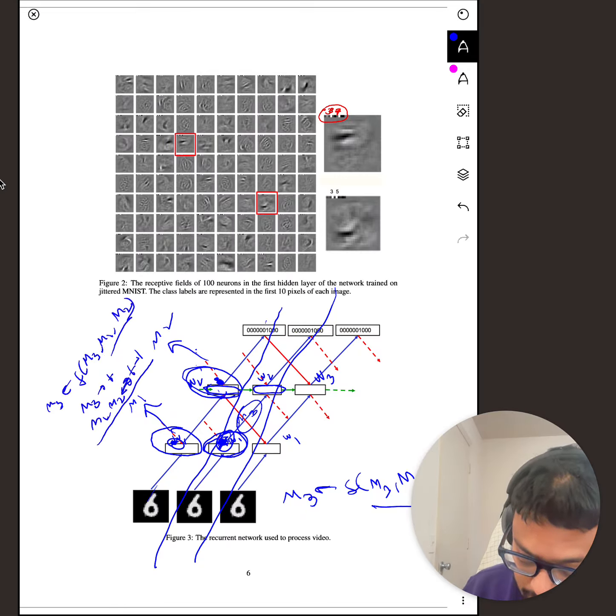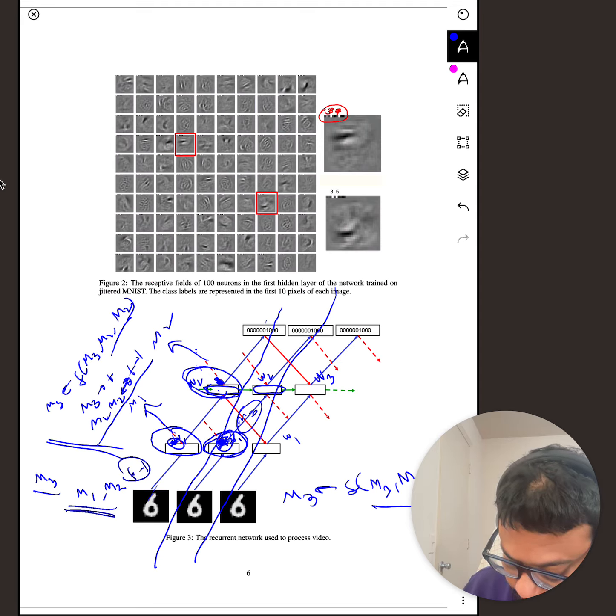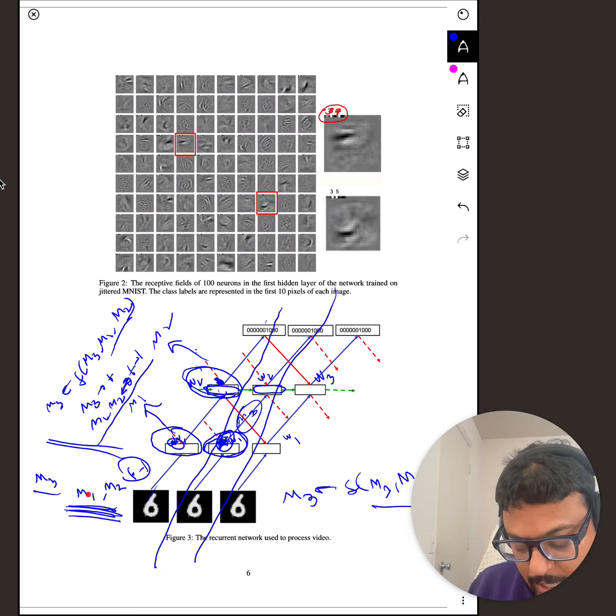There is one problem with this scenario. The problem is this: while you're updating m3, you still need to store m1 and m2 from the previous time step in memory, and this is going to consume additional memory.